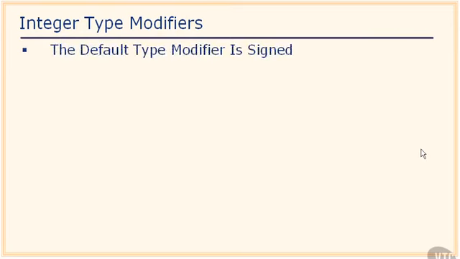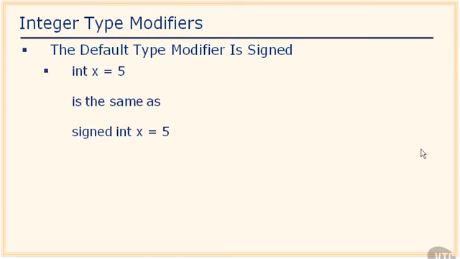Now the default type modifier for your integer types is going to be signed. So for example, with the integer, I actually code int x equals 5. What I really told the compiler is I want to use a signed integer, and I'm going to go ahead and call it x, and I'm going to set it equal to 5.